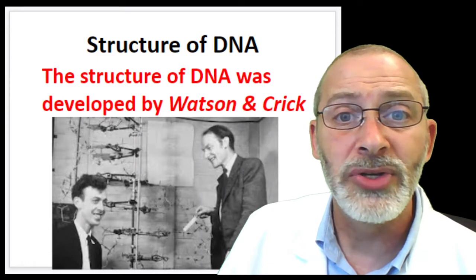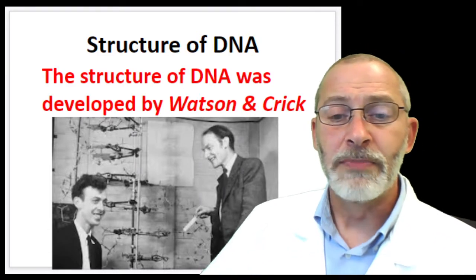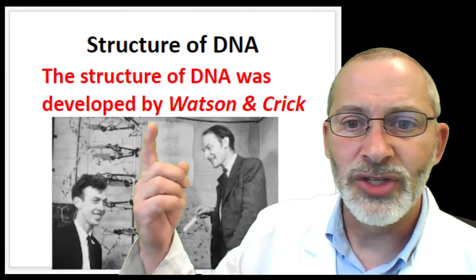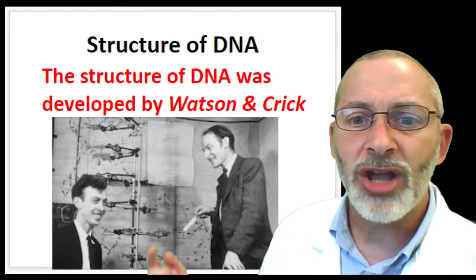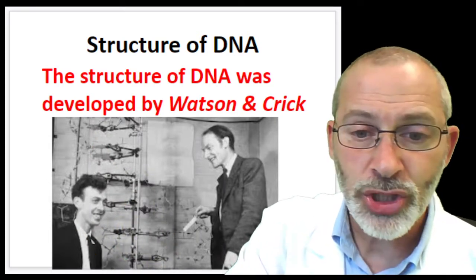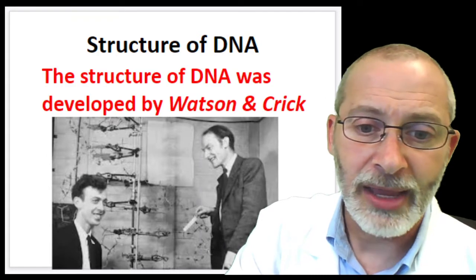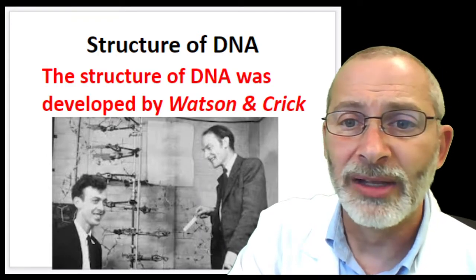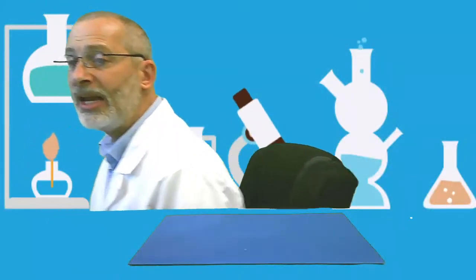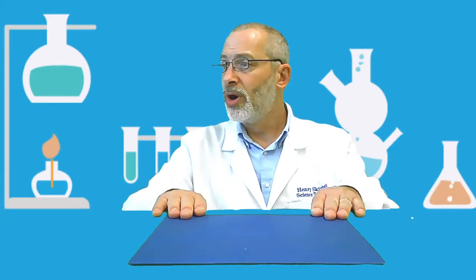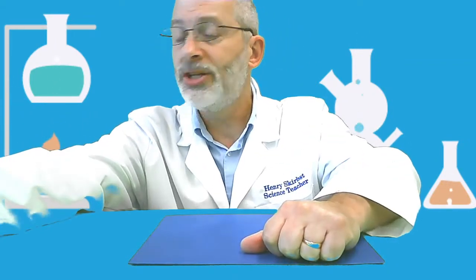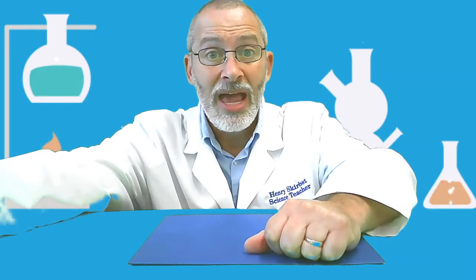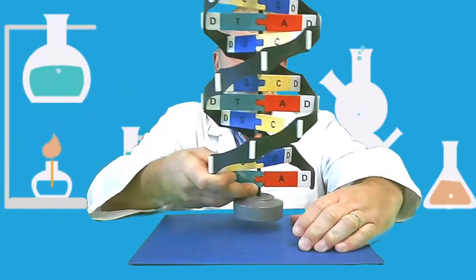He and others developed this model of DNA, this 3-dimensional structure, which I'm going to show you a model of. So come over to our little virtual lab here, and I just so happen to have a model of DNA.